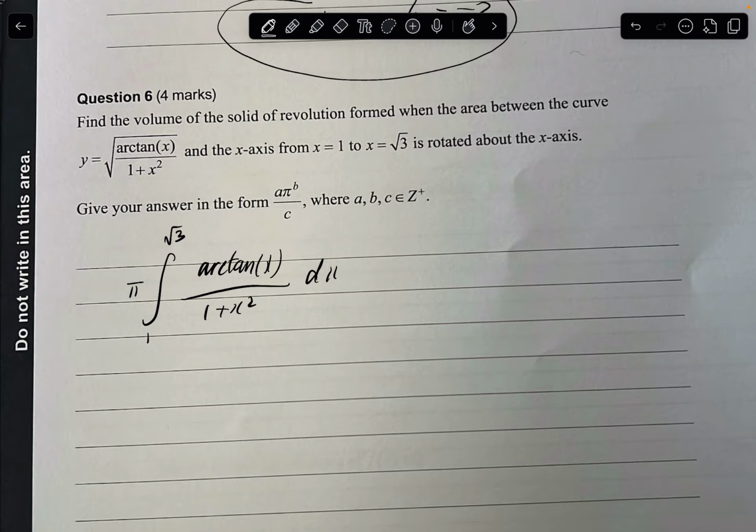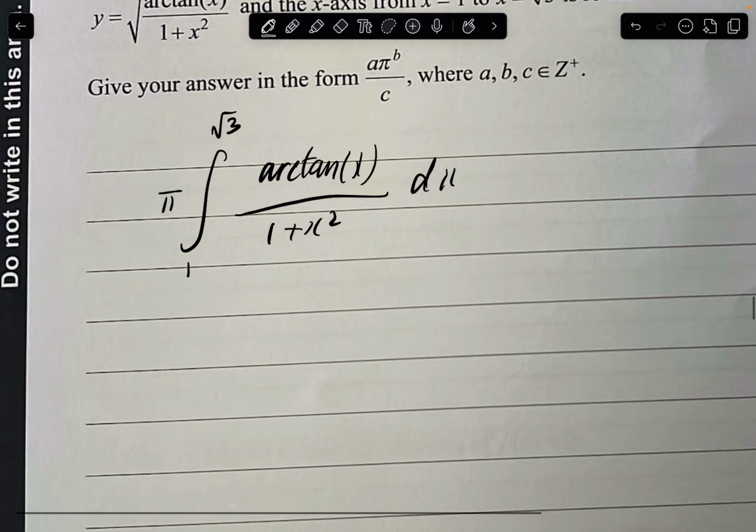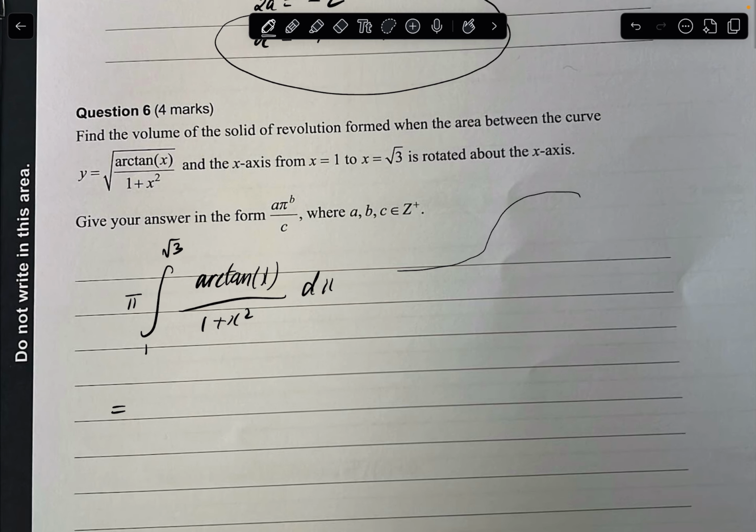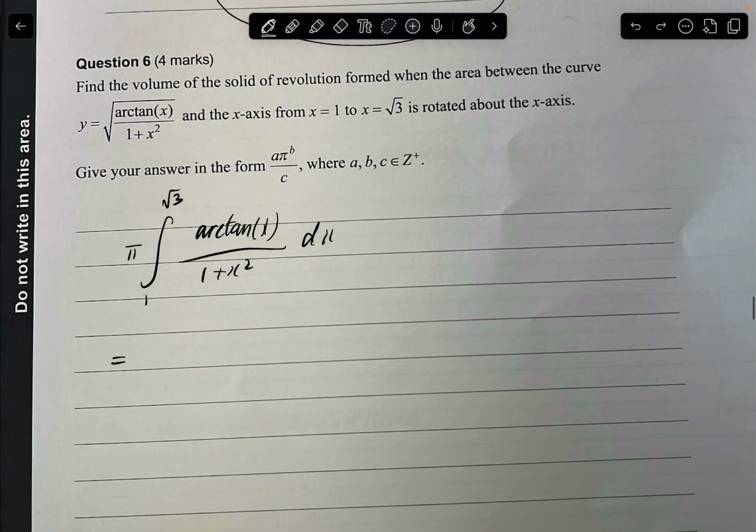And this here, I just want to make sure, arctan looks like that. And yeah, from 1 to root 3, it's positive. Okay.